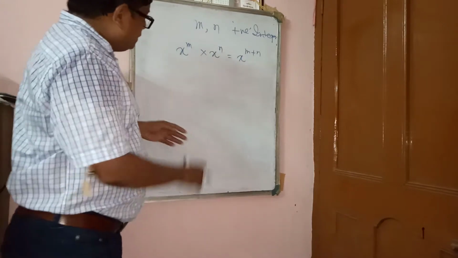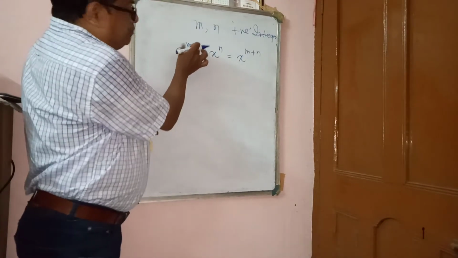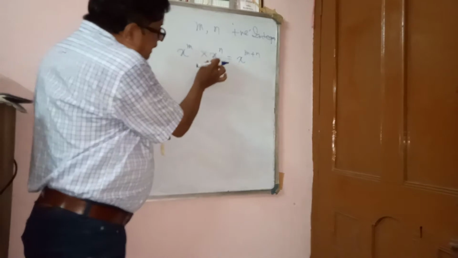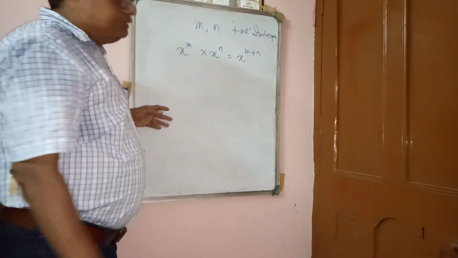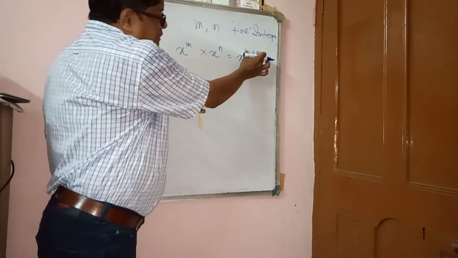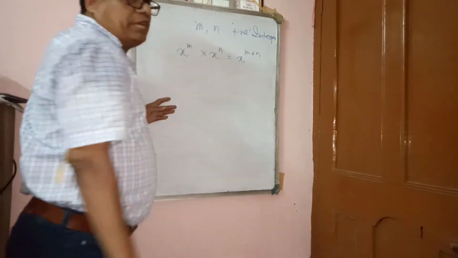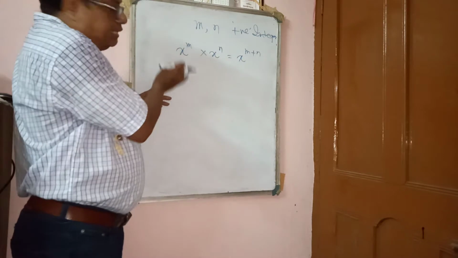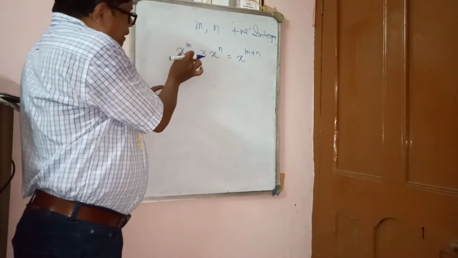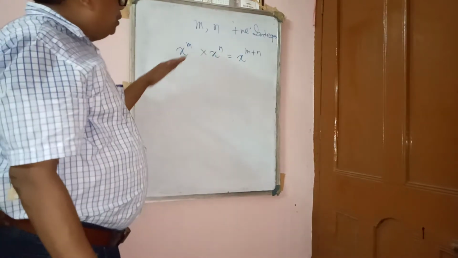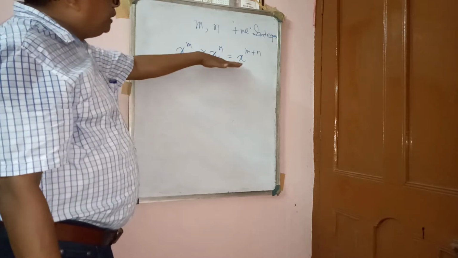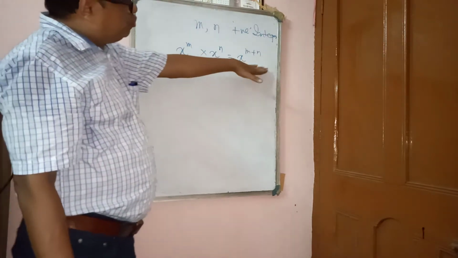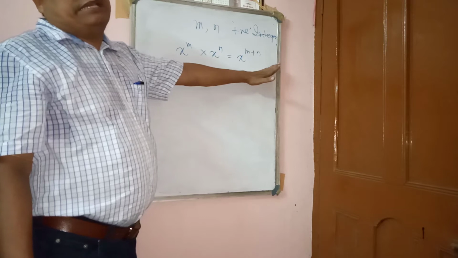Here m is a positive integer, n also a positive integer, so we can say x to the power m plus n as the definition of product. In x to the power m, the whole part is the expression, m is the index, x is the base, so x to the power m into x to the power n equals x to the power m plus n.